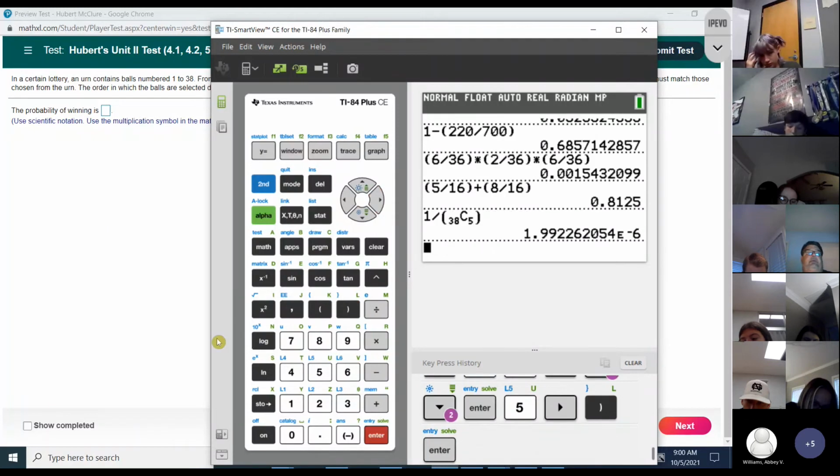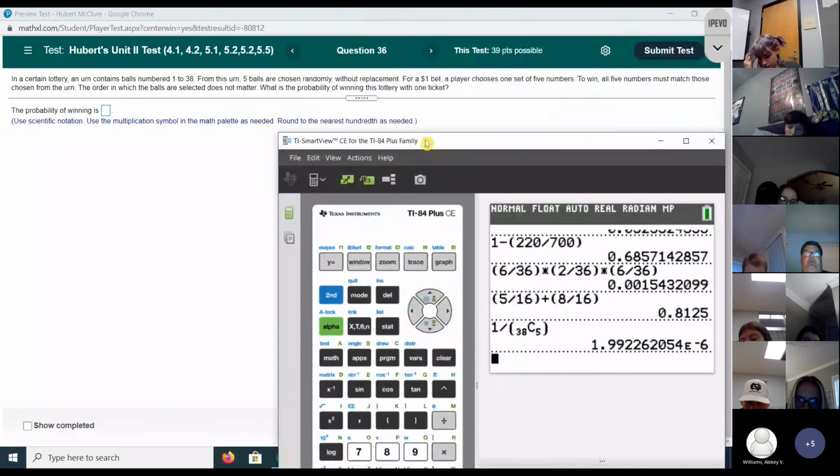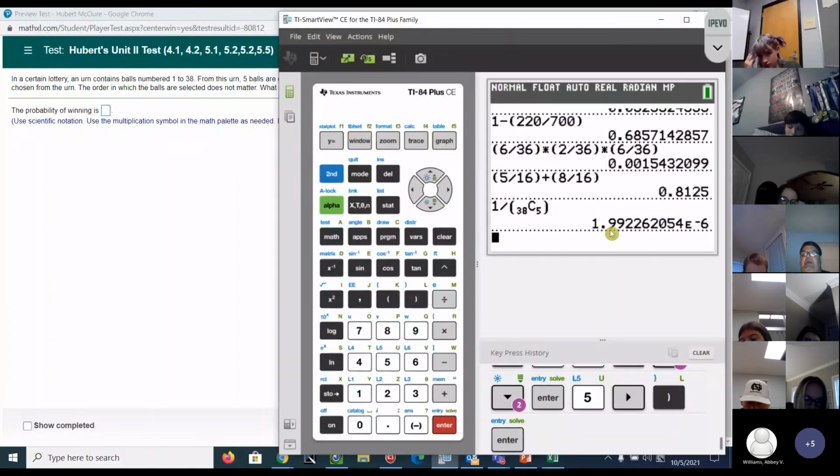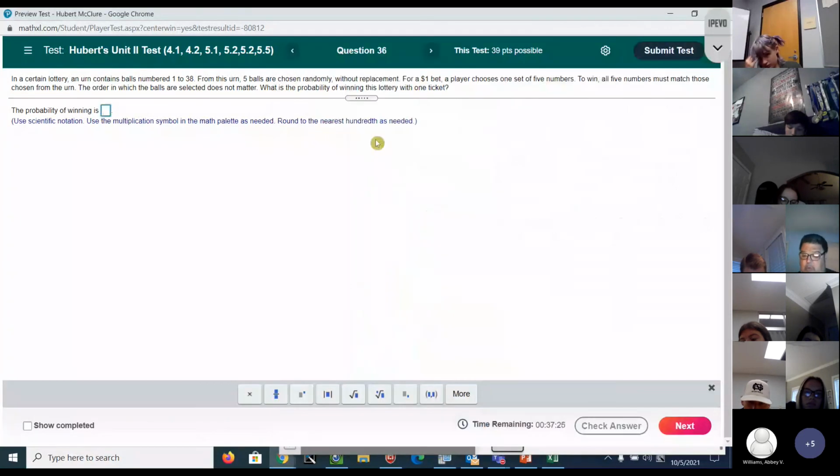and that's going to be, it says round to the nearest hundredth. So that's going to be 1.99 times 10 to the negative 6. 1.99 shift 8, 10 to the negative 6.